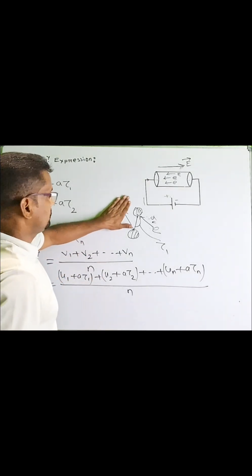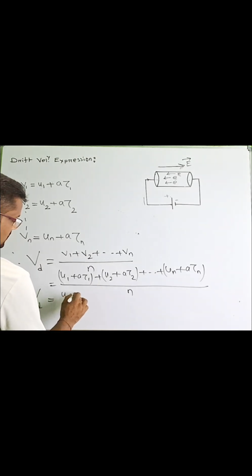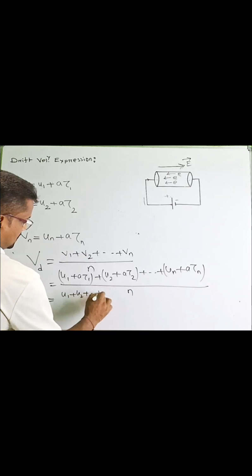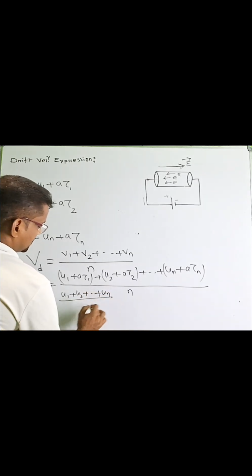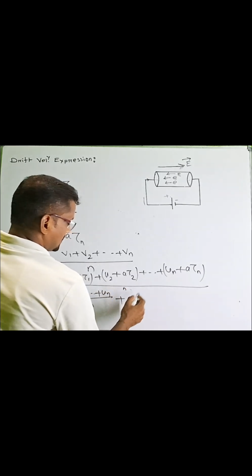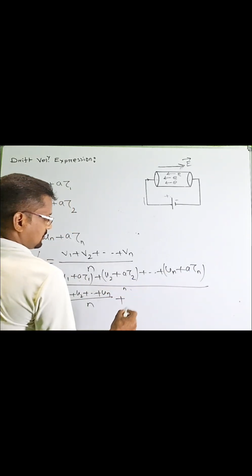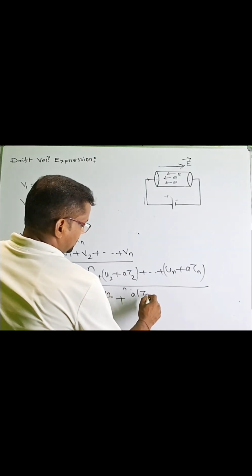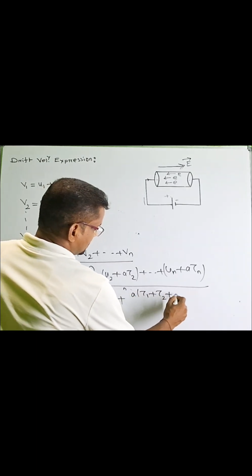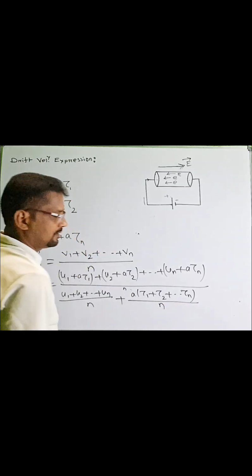If you simplify this, Vd, the drift velocity, equals u1 plus u2 plus so on up to un, divided by n, plus a times tau1 plus tau2 plus so on up to tau n, the whole thing divided by n.